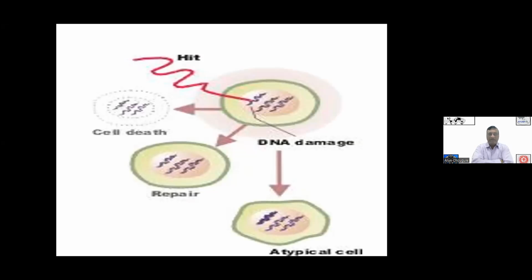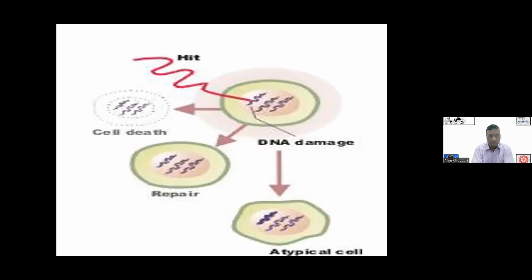Now, when radiation interacts with the cell, there are three possibilities. One is that the radiation produces a damage such that the cell cannot survive, and cell death occurs. This is called lethal damage, meaning the cell does not survive, the cell gets killed.